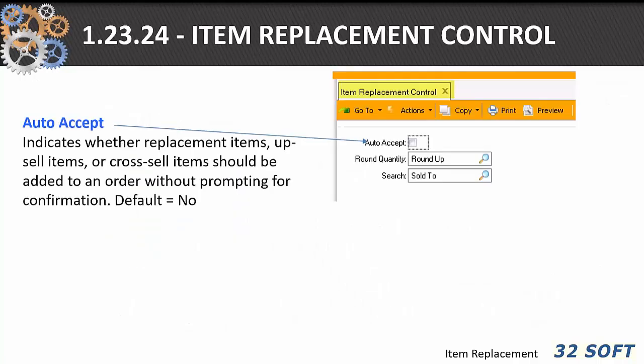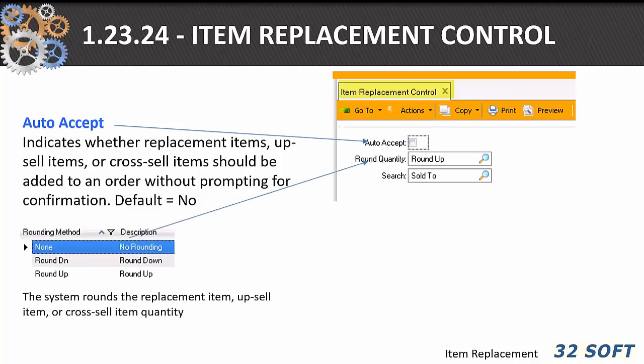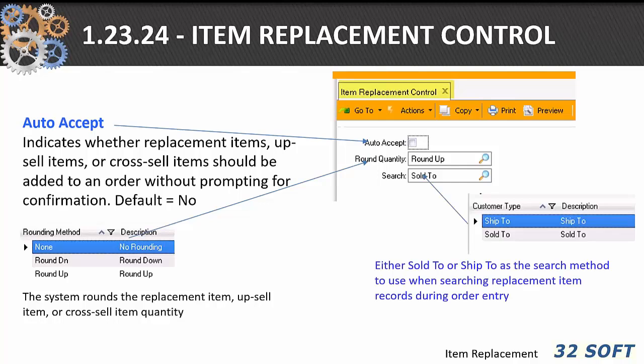So you can set it to automatically do that. You can round up the quantities depending on what those quantity pairs of the replacement, upsell, and cross-sell items are. And then you can define whether you're going to do that for the ship-to or the sold-to in terms of how that's going to function.